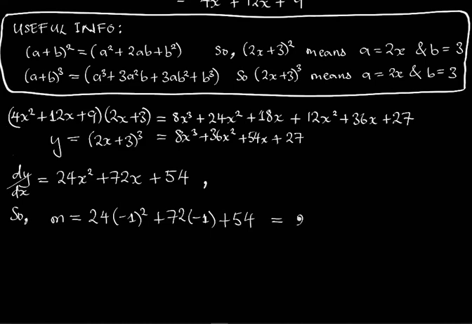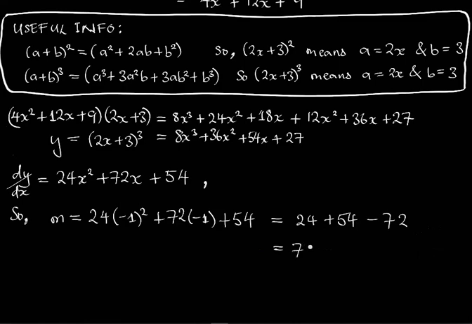So our gradient is going to be 24 plus 54 minus 72. This here gives us 78, so I'm sure this will give us a very nice answer. 4 plus 4, 8, 5 plus 2, so 78 minus 2.